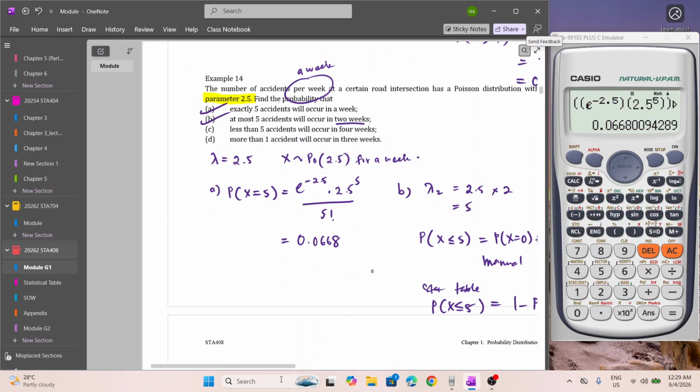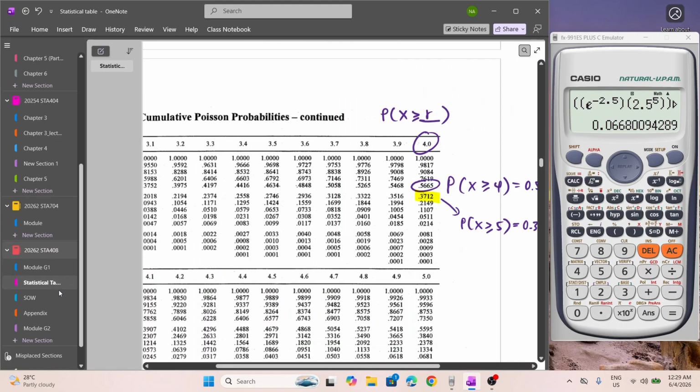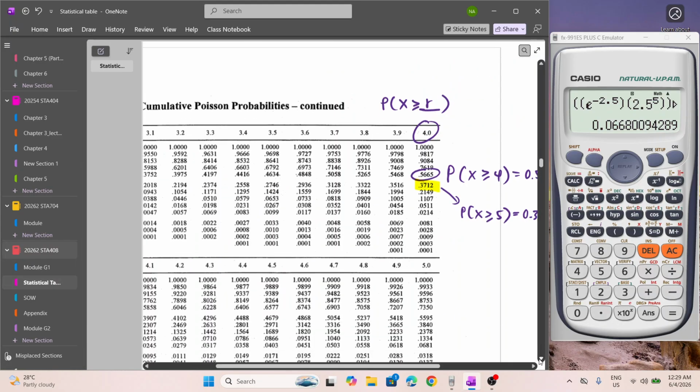So now you have to find the probability of X greater than or equal to 6 when lambda is equal to 5.